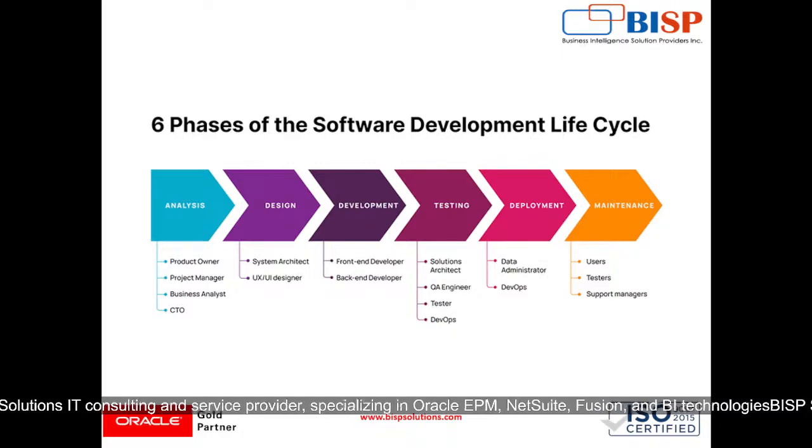So the first phase was analysis of requirements, what the client wants. So who were included in this analysis meeting? The product owner, project manager, business analyst and CTO.